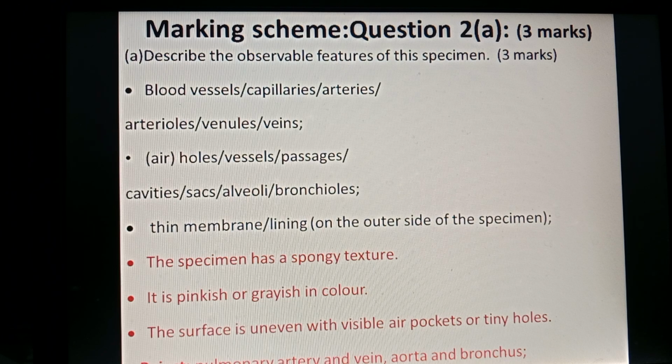You can also say that the specimen has a spongy texture, or that it is pinkish or grayish in color. The surface is uneven with visible air pockets or tiny holes. Reject if somebody talks about pulmonary artery and vein or aorta or bronchus. They cannot be seen. So the council marking scheme is the black. The red is just addition.